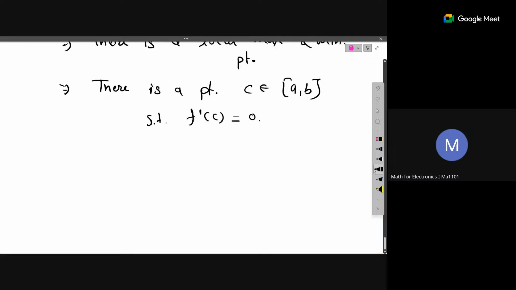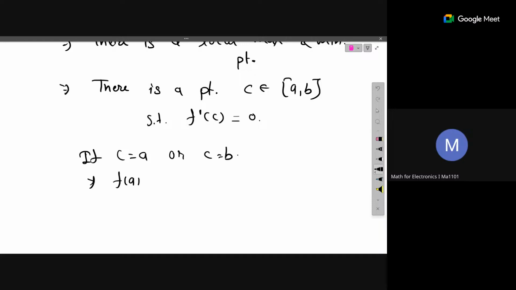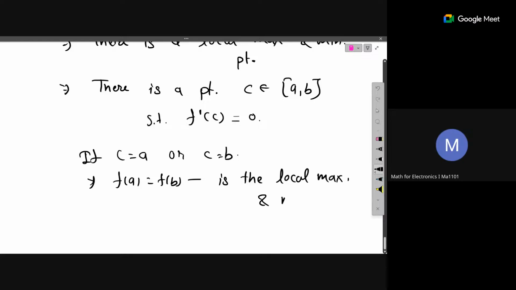So what happened here? If c is equal to a or c is equal to b, then what does it say? It says that f of a is equal to f of b is the local maxima and minima also. So what does it mean? It means that our range of the function is nothing but this closed interval f of a, comma f of b.